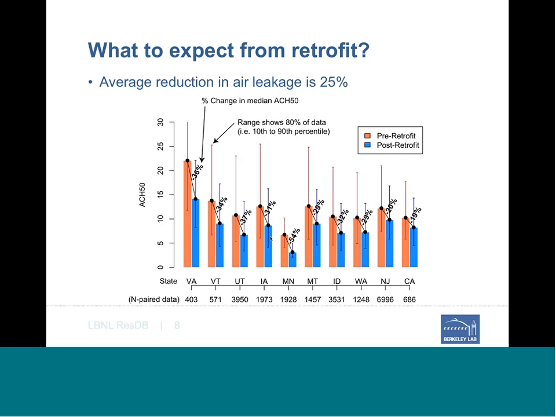Some of the larger reductions that we saw came from weatherization programs because homes are leakier to start, so it's easier to fix up a leaky home than homes that are relatively tighter to start. So these are data that we weren't able to see before, but now with the data sets that we have, we are able to answer that.